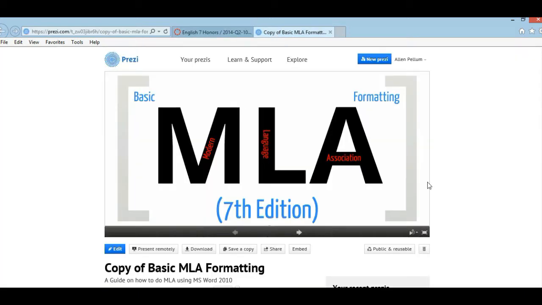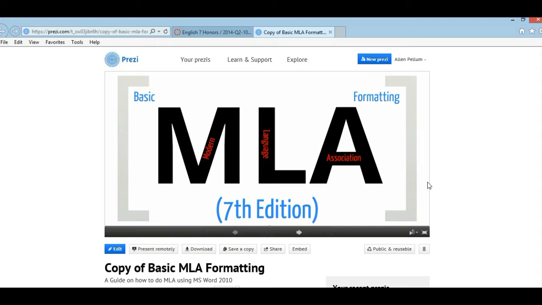So let's get started. The letters MLA stand for Modern Language Association. Basically, you have a bunch of scholars or language enthusiasts who get together and decide how papers should be presented to their teachers or professors, and how their research should be cited, or how you should give credit to whom credit is due.